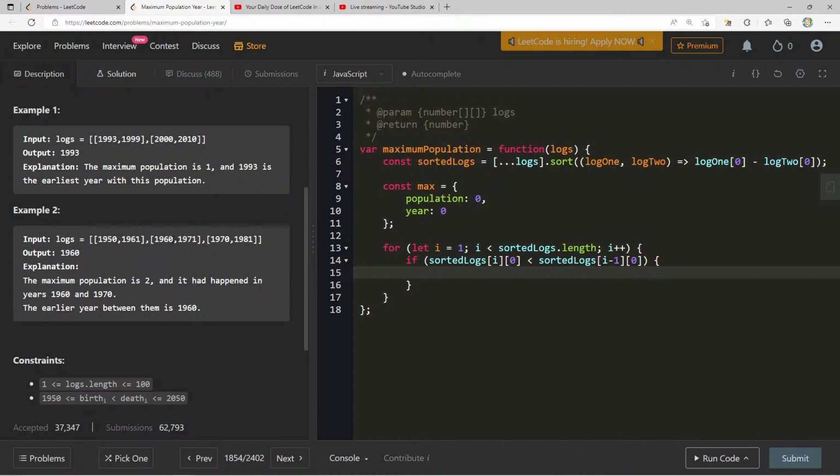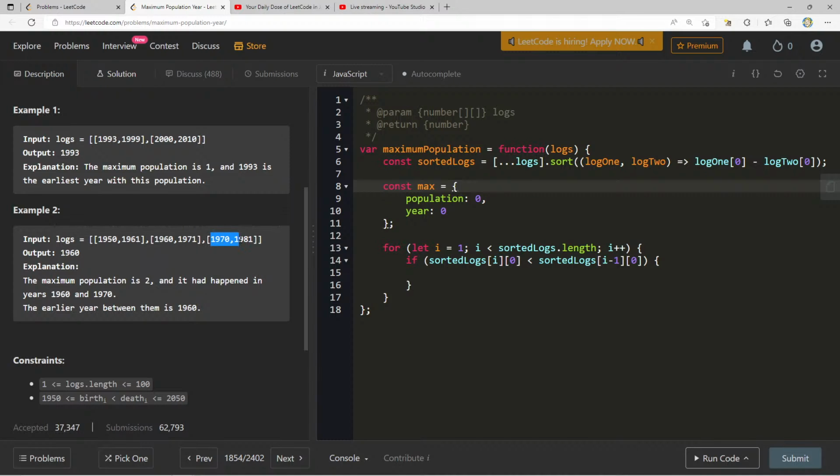Maybe I can just consider every year on its own and say we have this one person, we can get to this one and say, okay, well that's one person, right? Because we're at someone now, and then we get to the next person and we say if they died before the previous person died. Is that the best way to go about it though?